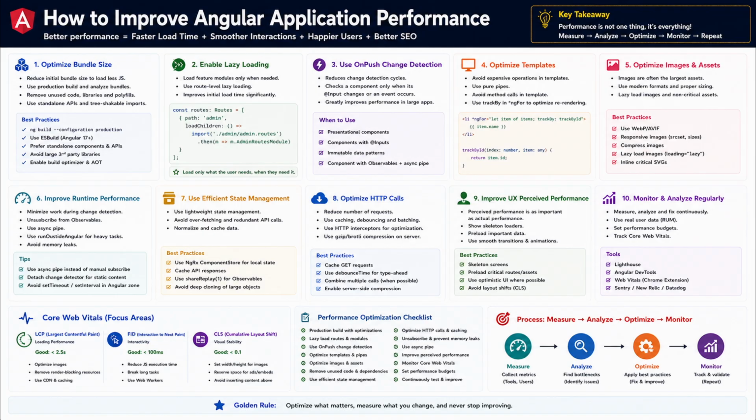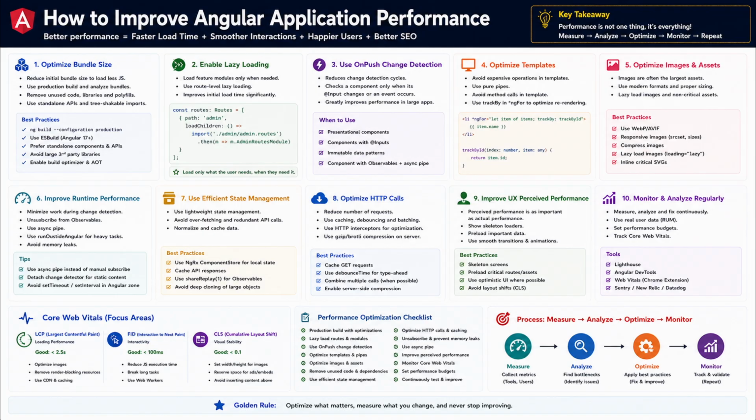For example, if you have a list of hundreds of items, and we are adding one item or updating one item, then without trackBy, Angular will check all the hundreds of elements. If you use trackBy, then only the affected element will render in the DOM.